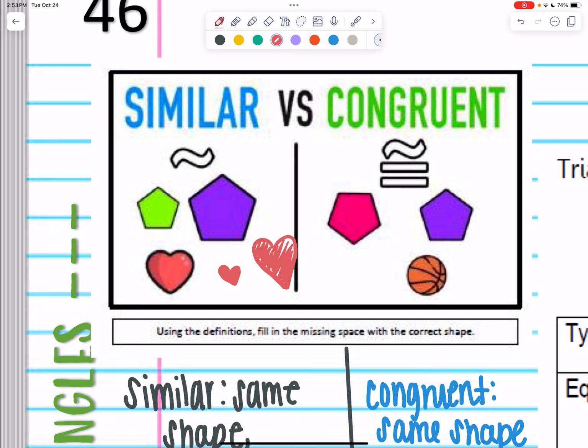So those hearts are similar, same shape, different size. Congruent has to be the same shape and the exact same size. So my basketball needs to be the same size, roughly. You can use your imagination. Pretend those are exactly the same.